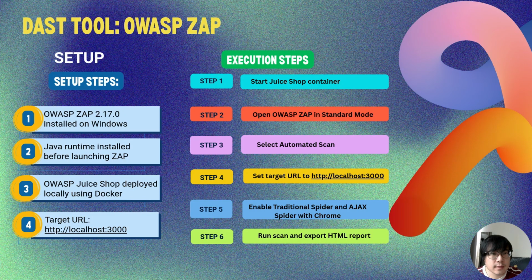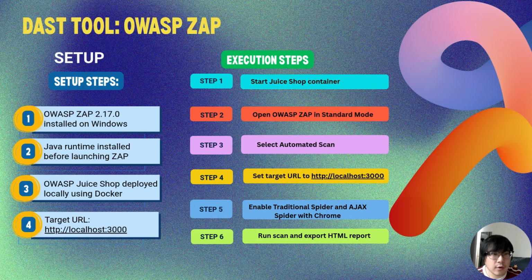For the DAST tool, I used OWASP ZAP version 2.17.0. Before scanning, I installed the Java runtime and made sure OWASP Juice Shop was running locally in Docker. The target URL was http://localhost:3000.